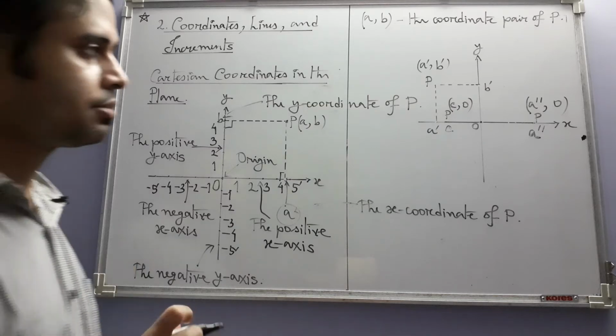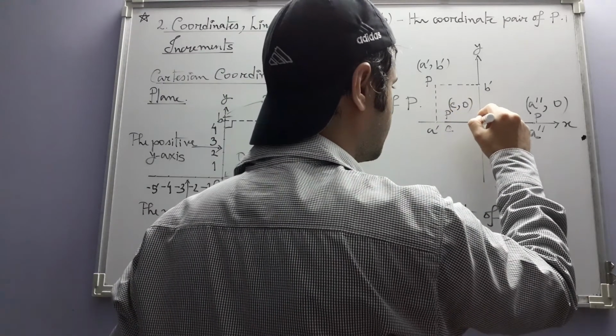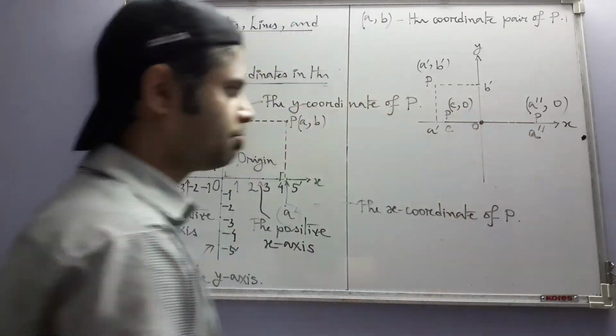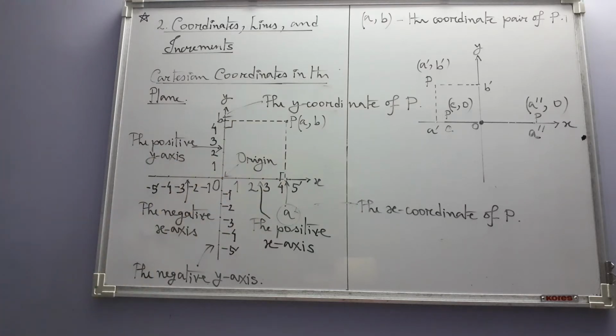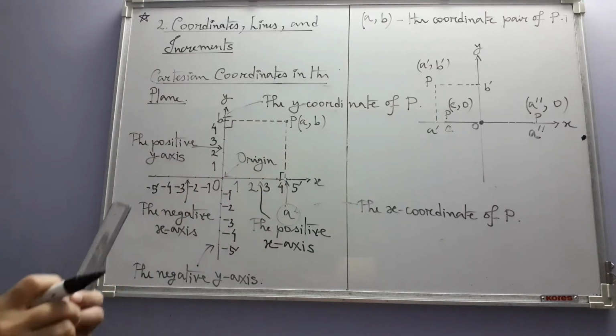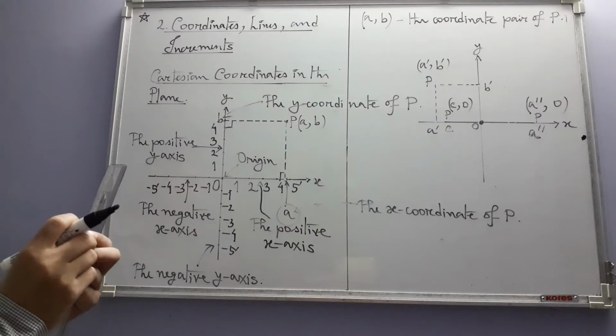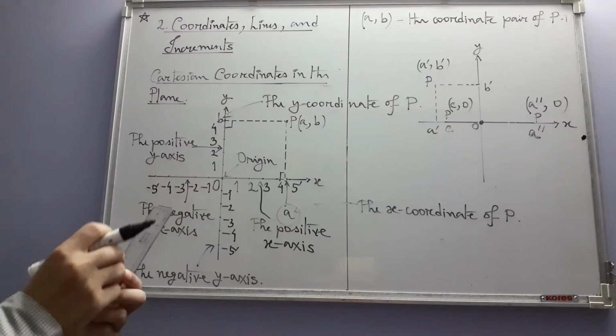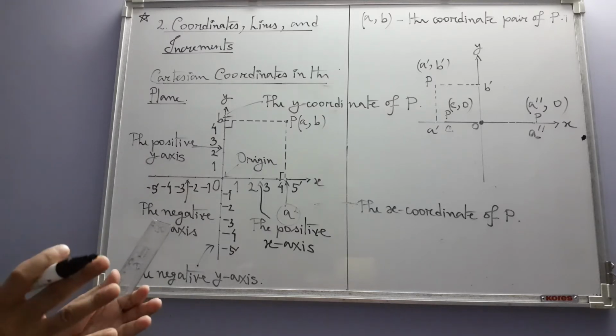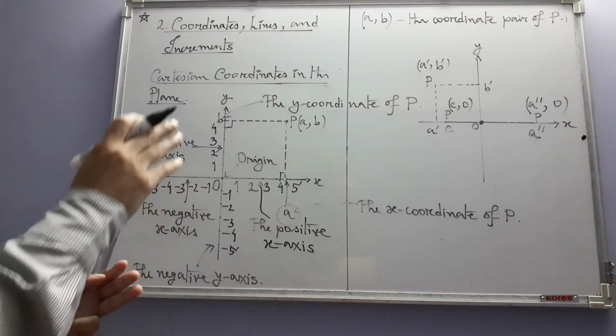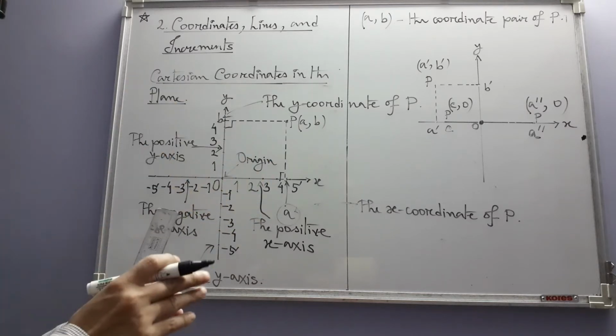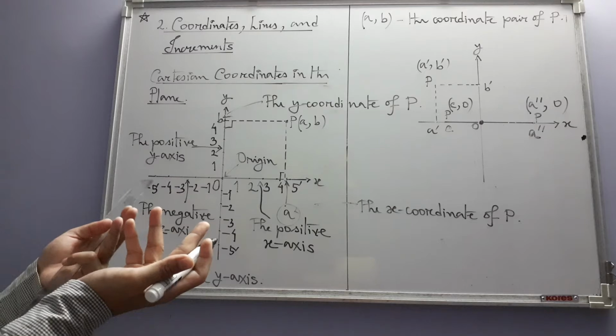By the way, there is a special case. What about the origin itself? On the origin, if you try to draw a perpendicular from the origin to the x-axis, that also has 0 length. If you draw a perpendicular from the origin to the y-axis, that also has 0 length.